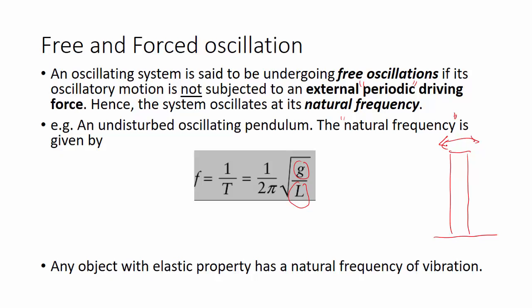Similarly, very large structures like bridges also have a natural frequency, and even at the very small scale, the molecular level, there is a natural frequency. Things that can oscillate without an external periodic driving force are said to oscillate freely, or to have free oscillations.